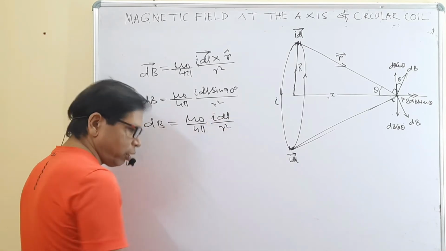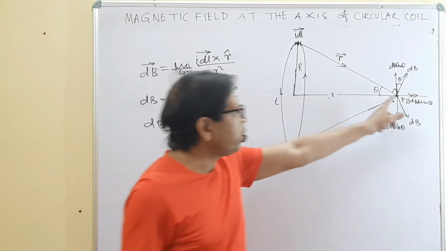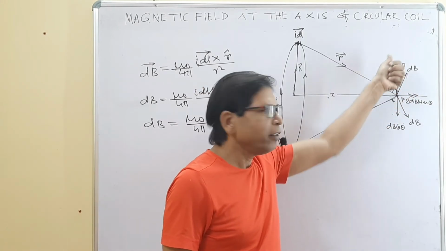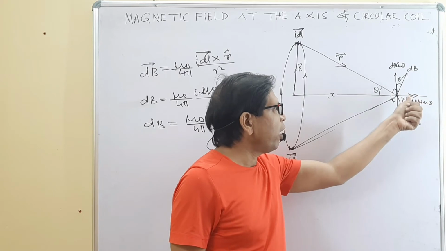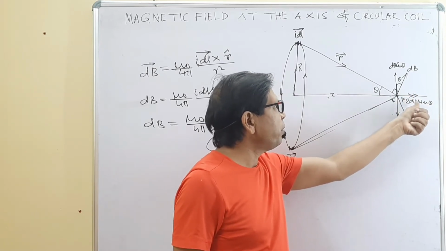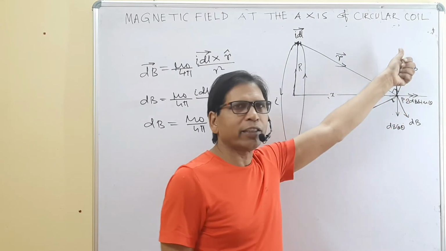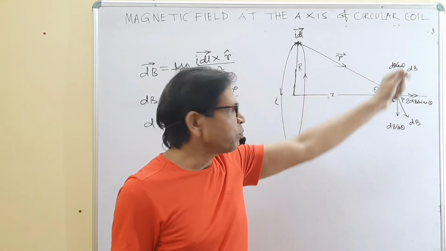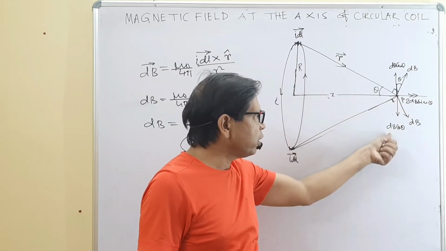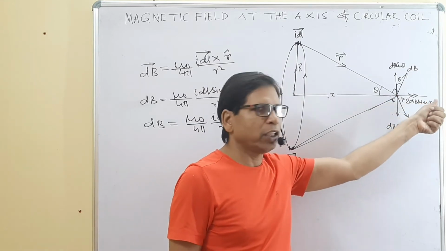Okay, now this magnetic field is resolved normal to the axis and along the axis. Along the axis it becomes dB sin theta, and normal to the axis it is dB cos theta. In the same way, this magnetic field is also resolved along this direction and along this direction.